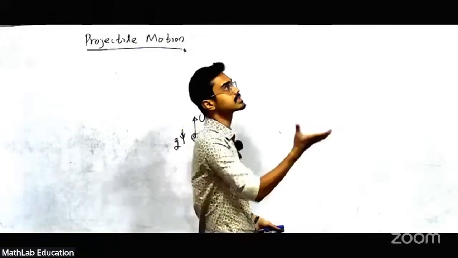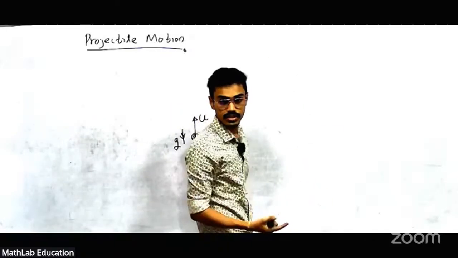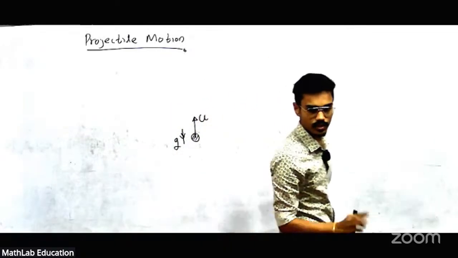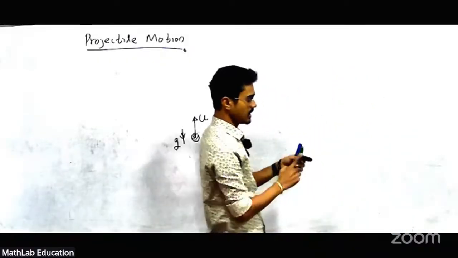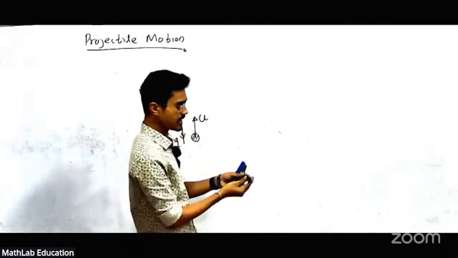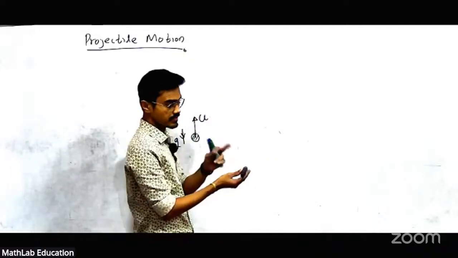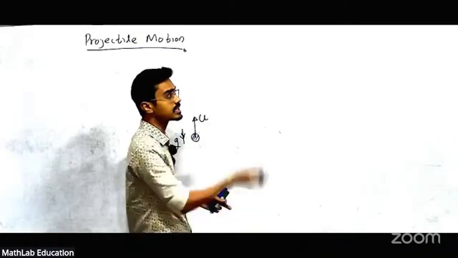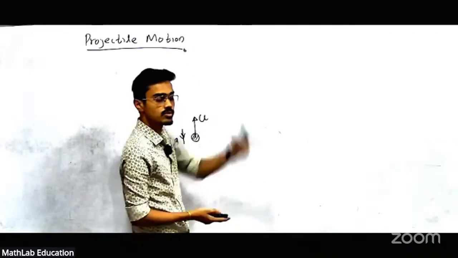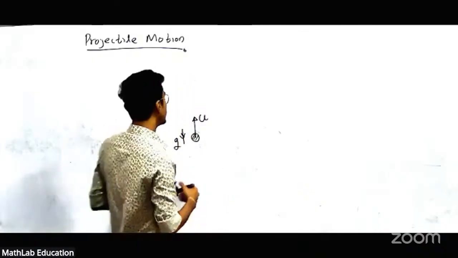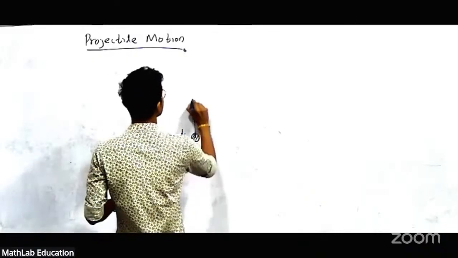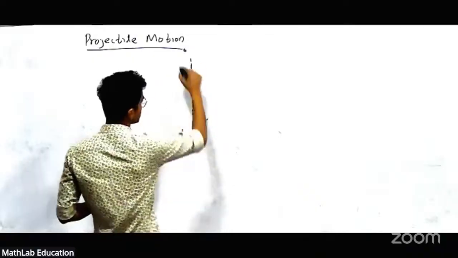Something like this. And it's going to undergo a linear motion, right? If the velocity given at this point is vertical, it is going to undergo a vertical linear motion, back and forth.